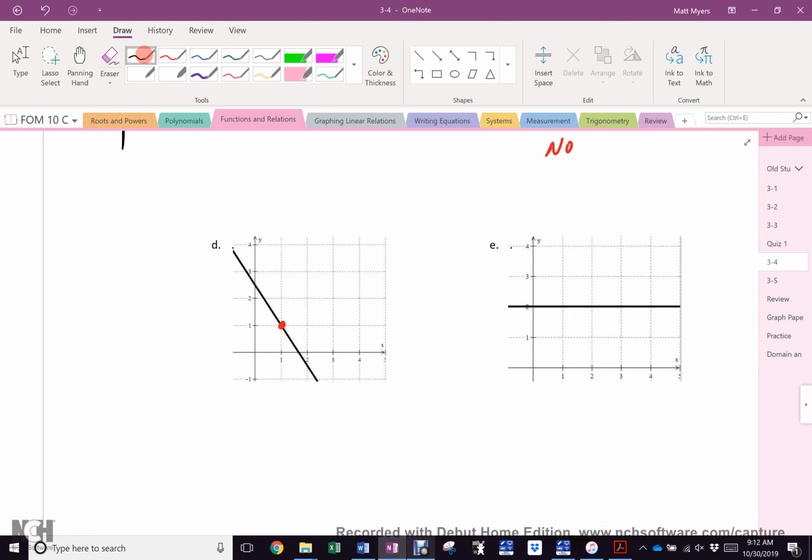Okay. So if it's linear, it's going to make a pattern, yeah? So if I go up 1, I go over, what is that, about 2/3? Everyone agree? Okay, if I go down 1, do I go over the same amount? So is it linear? Yes.